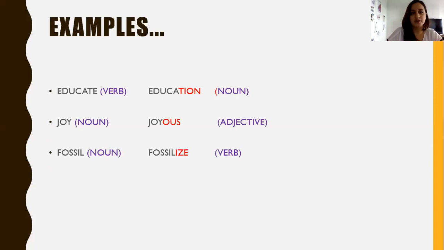Here we have educate. When we say to educate, we're talking about this word as a verb. It's an action, to educate somebody. And when we add shun to the word, it becomes a noun. You see? Educate, education. Joy, if we add a suffix to it, we will become an adjective, okay?